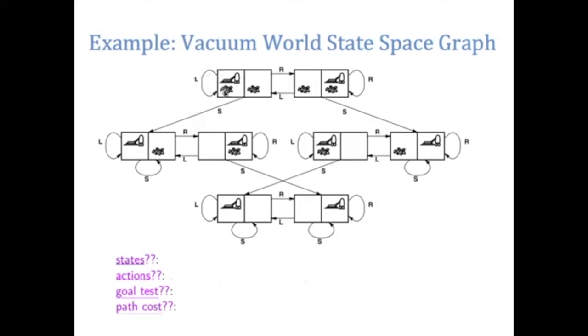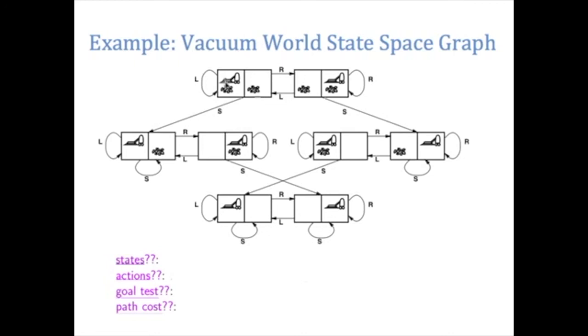If we run the left operator, we'll be back where we are. If we run the right operator, we'll put us in a situation where both left and right are dirty, but the vacuum cleaner is now on the right, and so forth. If we're in this state, both left and right dirty and the vacuum cleaner on the right, and you run the suck operator, then we'll end up in a state where there's no dirt on the right, but there is still dirt on the left, and so forth.